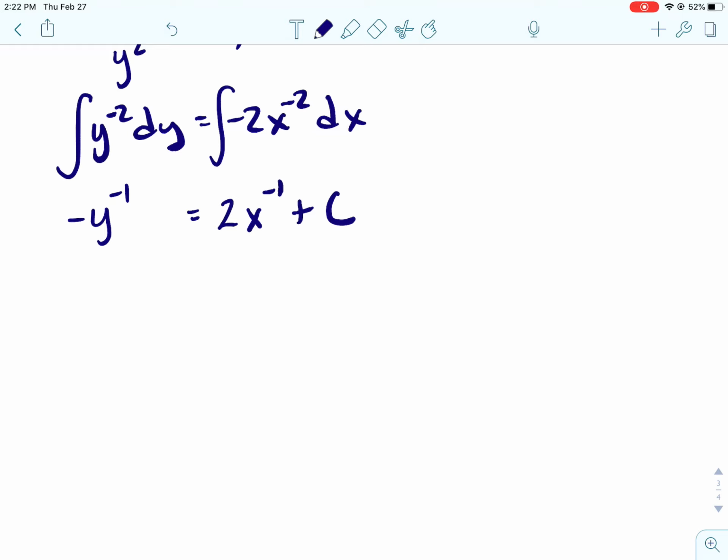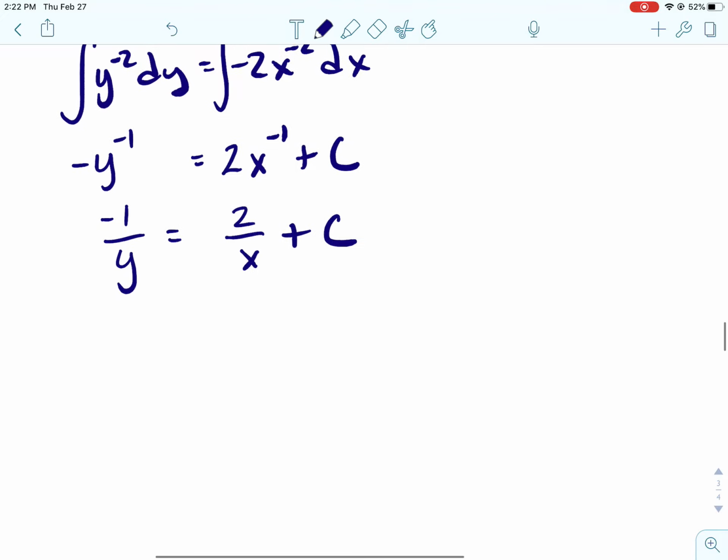Okay, so we need to solve this for y. So I'm going to take care of that negative in the front. Actually, let's just wait. All right, let's write this as negative 1 over y. Okay, and then this is going to be 2 over x plus c.